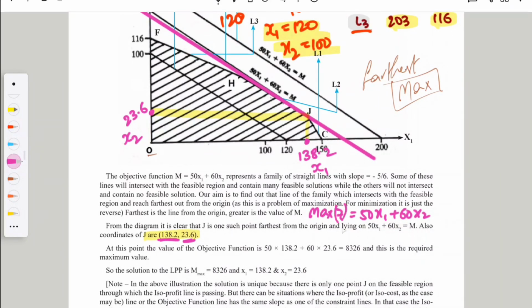So if you substitute the values of x1 and x2, we get the answer of 8326. This may sound a little bit confusing because we don't have the real graph here. But if you have a real graph, it would be fairly easy for you to plot the lines and to find the solution.